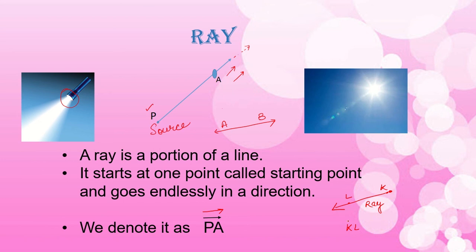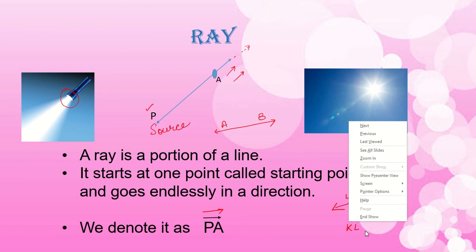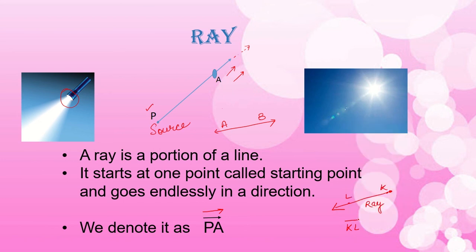K point is fixed, so no arrow on this, and the arrow would be only on L because L point is moving. So I will write ray KL like this. Again, you would not be able to measure its length because we have only one fixed point here. The other point is moving.